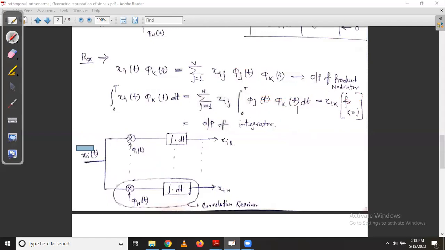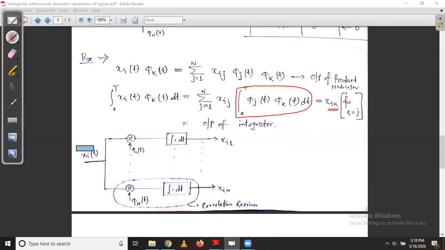So this will give you some constant value, suppose 1, 2, 3, 4, whatever, multiplied by x of ik or x of ij. Both are the same thing because j equals k.